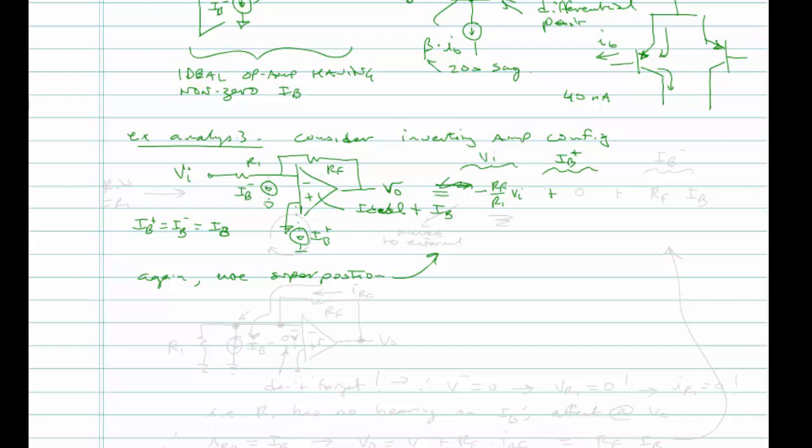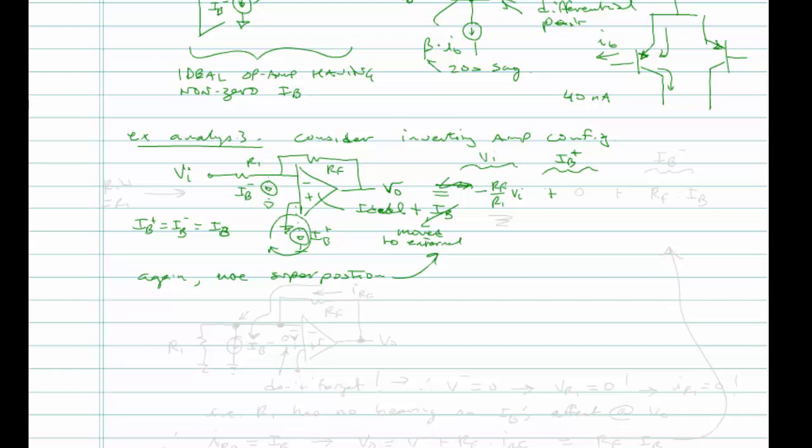We'll turn all the sources off except for the current source that's connected to the non-inverting input. Well, where does this current flow? It doesn't go into the op-amp input because this is now an ideal op-amp. I'm going to cross this out and say this was moved to external. I drew those on the circuit outside the op-amp, so now my op-amp is truly ideal.